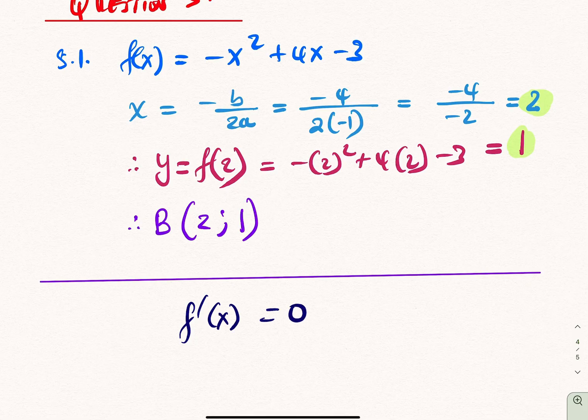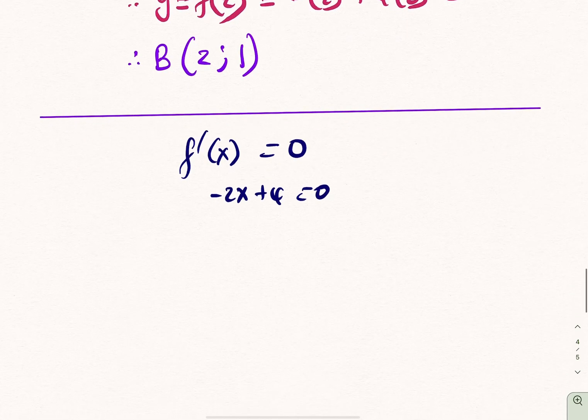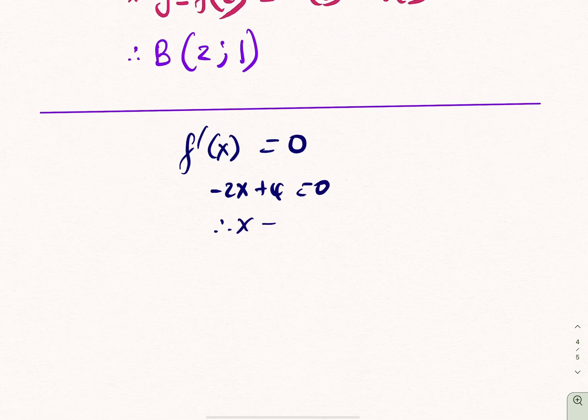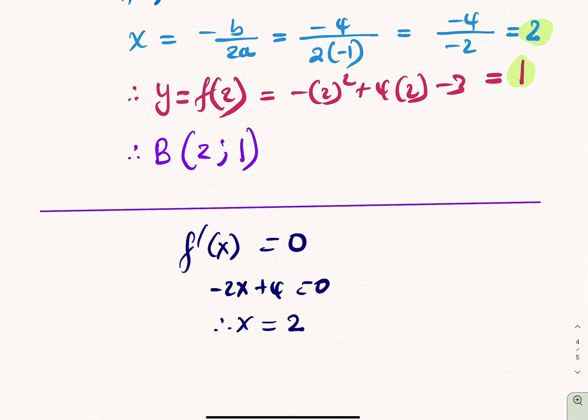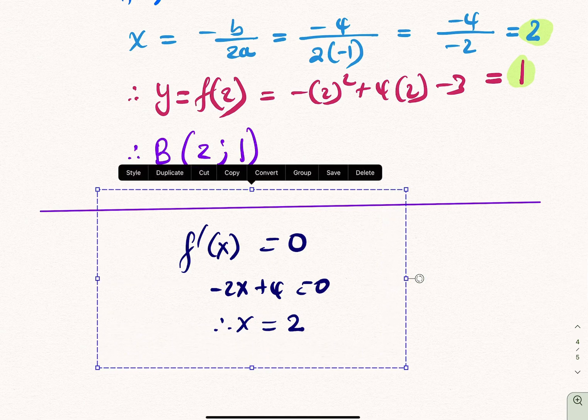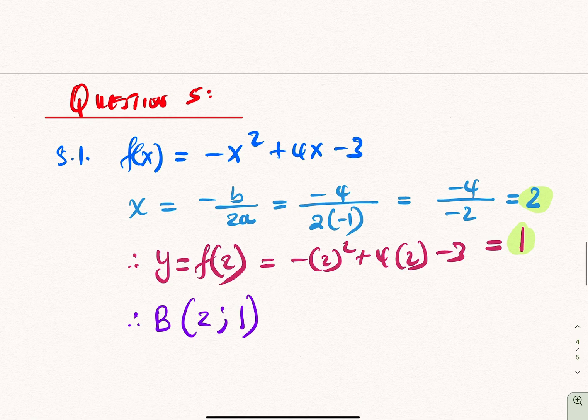You know, that's where the turning point occurs. It's called a stationary point. So this is going to be negative 2x plus 4 equals 0. And when you solve for x, you're going to get x equals positive 2. And the same stuff, you plug it here, you still get 1. I'm just trying to give you the baseline scenario on how you're going to approach this one.